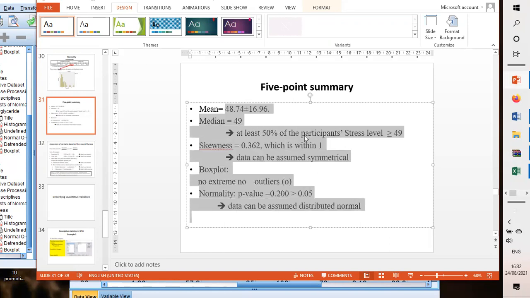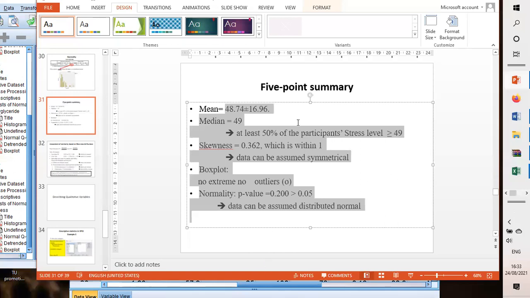So no matter what data set comes in, just do this. The data is centered here at the median. The mean and median, are they close? Very close. That's why skewness is very small. So we know 50% are more than this.